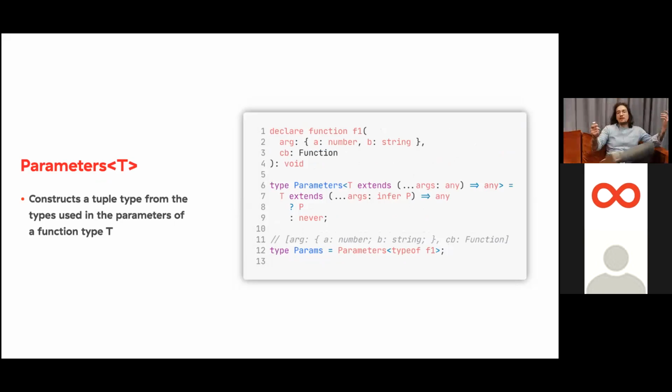Parameters, same thing, but you can see now that instead of infer being in the return section, it is in the args section. And then we can get a tuple of all the parameters that the function gets. So we can see on line 12 there that we have a tuple of two members. The first one is an object of A and B, and the second one is a callback function, and they both match the function declaration on the first line.